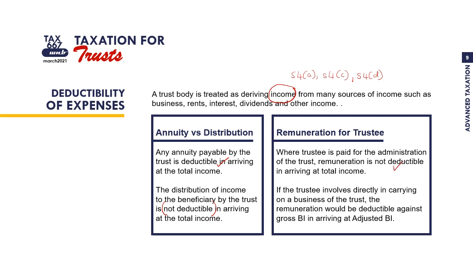However, if the trustee is involved directly in carrying on the business, which means that the trustee administers the business of the trust, the remuneration for that trustee would be deductible. So here, the treatment for these expenses is quite similar to what we did in Chapter 1, Estate under Administration.